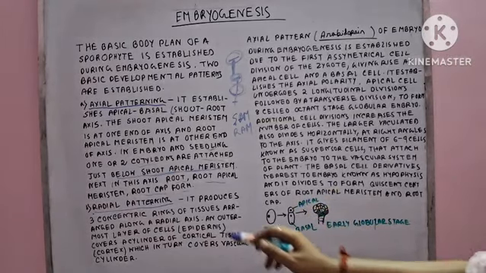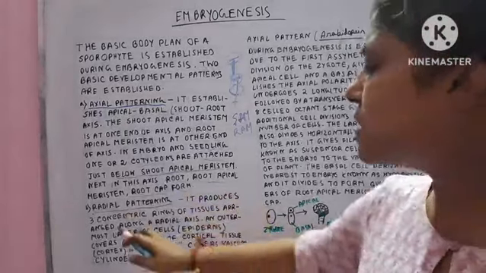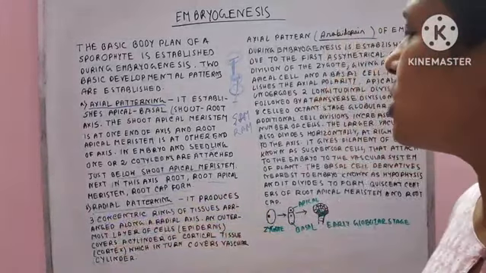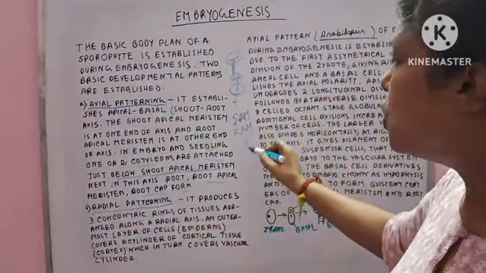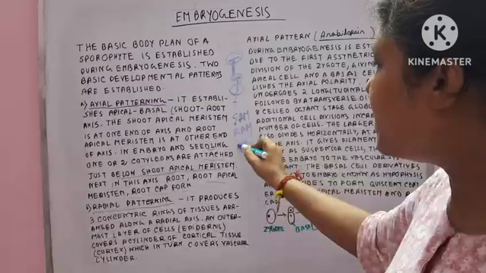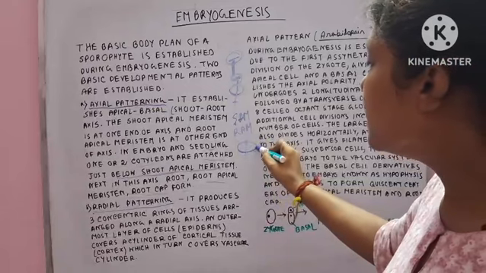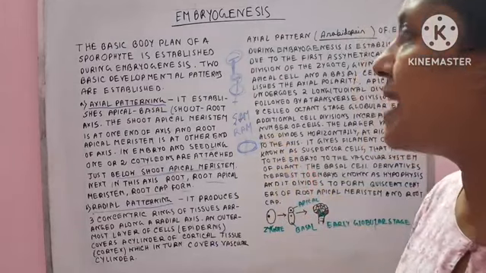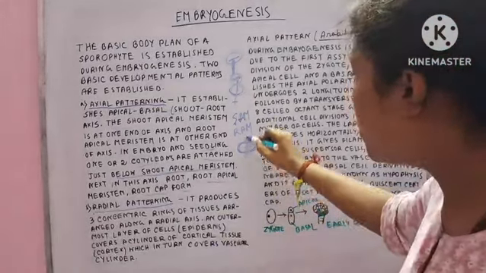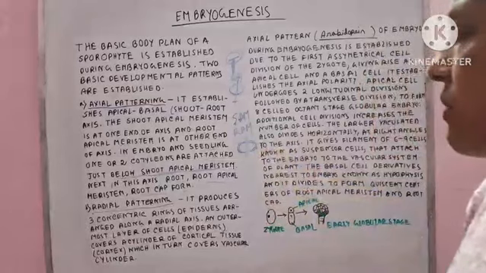And what is the radial patterning? It produces three concentric rings of tissues. Radial means, as I have told you, ring-like concentric cell development happening around or surrounding the axis. Clear?